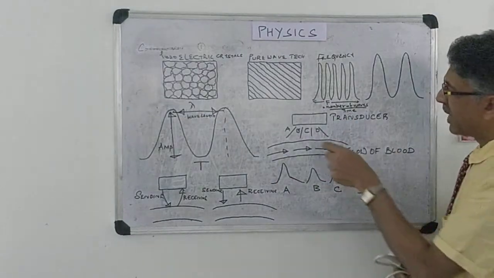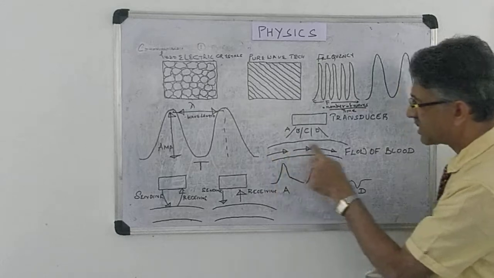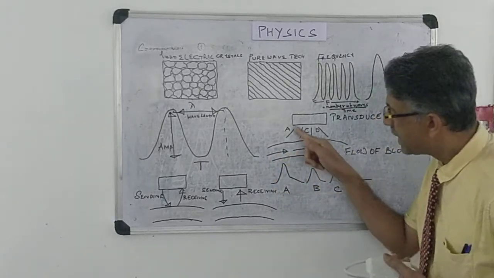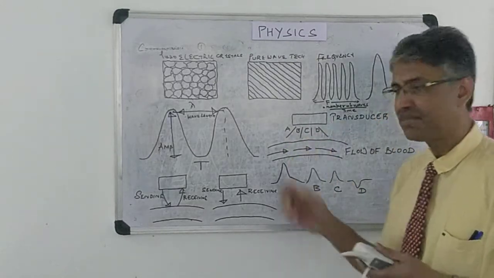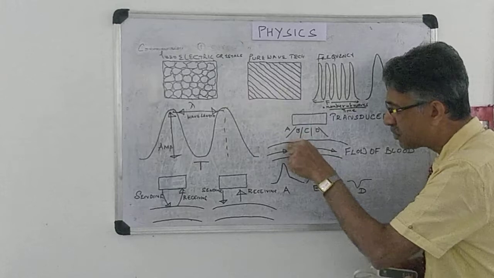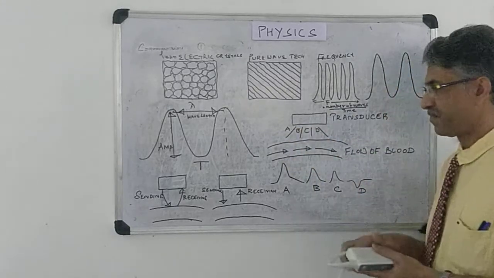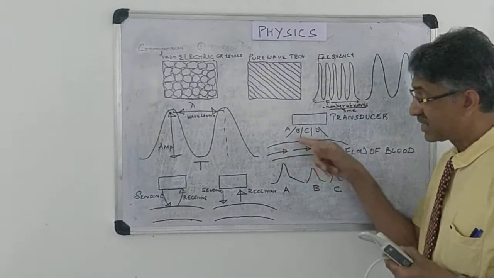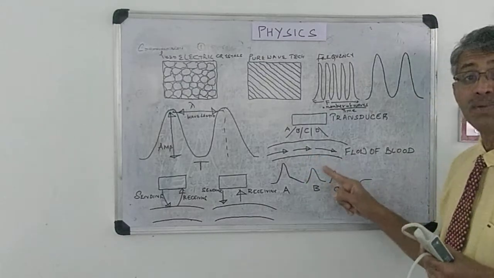If you look at this, this is a beam, this is the blood vessel, and this is the velocity. Whenever there is an increased velocity, the beam flow angle is aligned, that means the alignment is almost towards the flow of blood. Whenever the alignment is towards the flow, where the velocity is high, you get a high frequency Doppler signal.